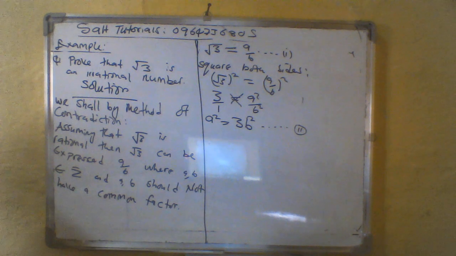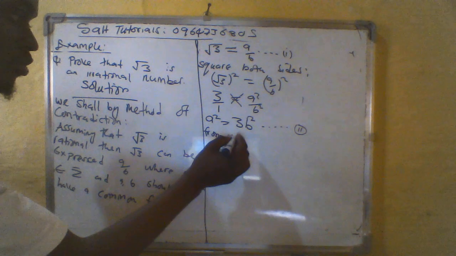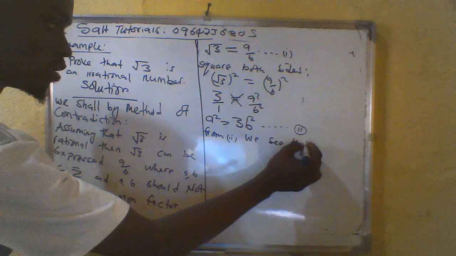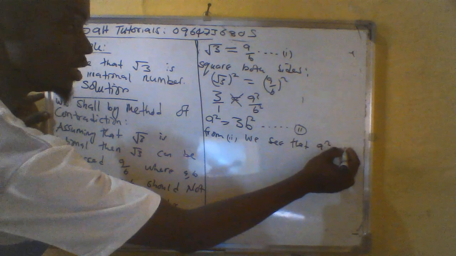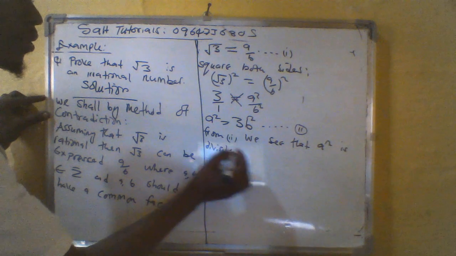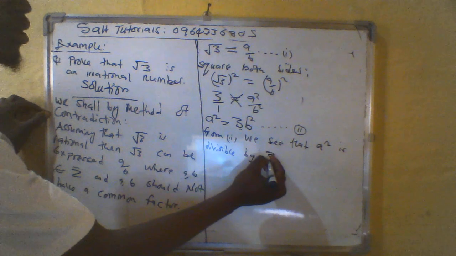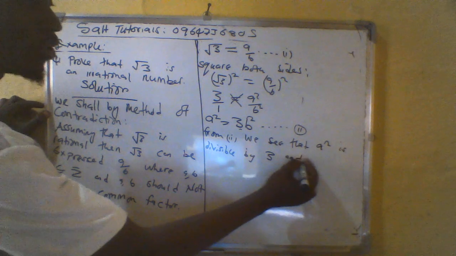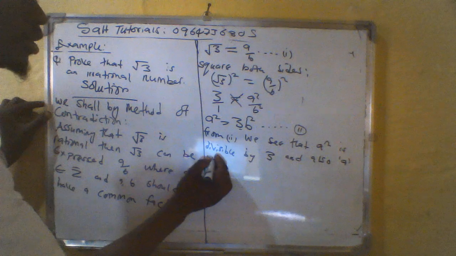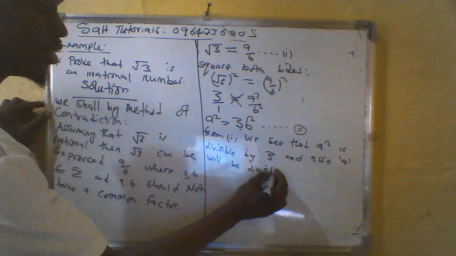So from equation 2, we see that a squared is divisible by 3, and also a will be divisible by what? By 3.